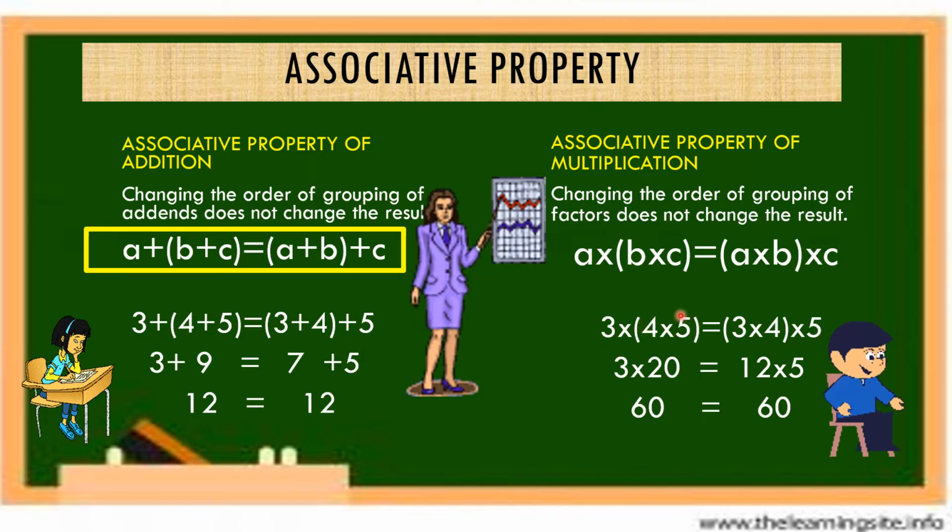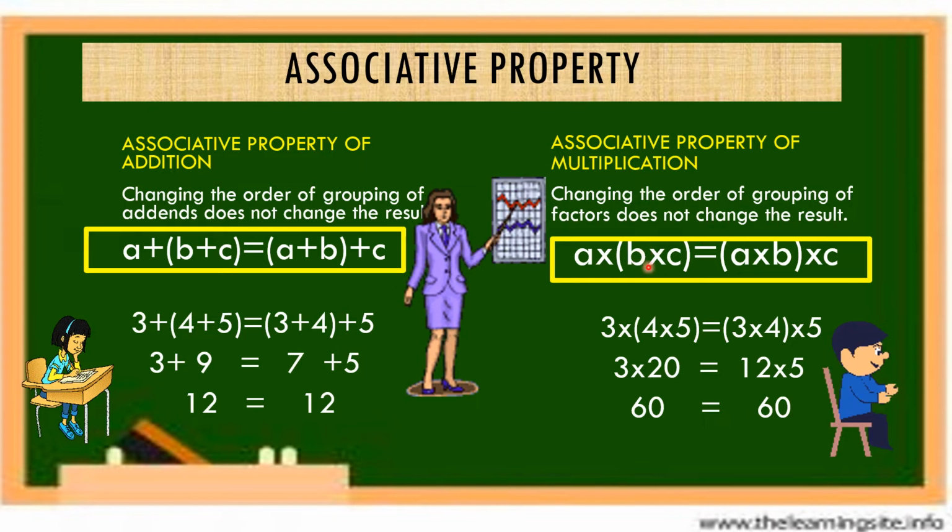Uunahin natin ang sagot sa loob ng parenthesis. 4 times 5 is 20, 3 times 20 is 60. 3 times 4 is 12, 12 times 5 is 60. Kapag binago ba ang grupo sa multiplication, pare-parehas ang number na inilagay, magbabago ba ang sagot? Ang sagot ay hindi.